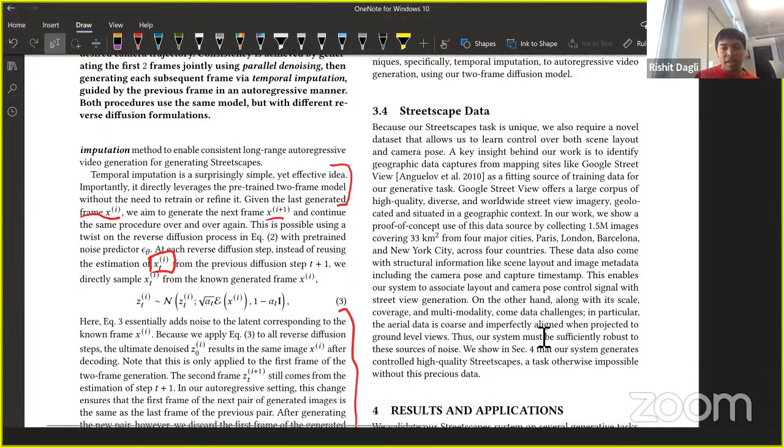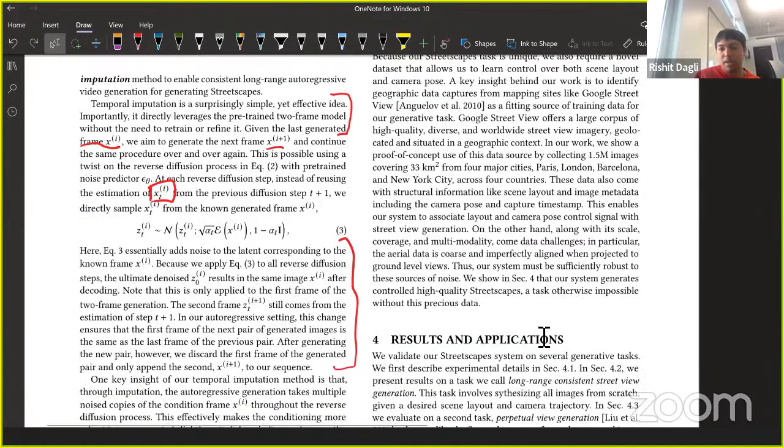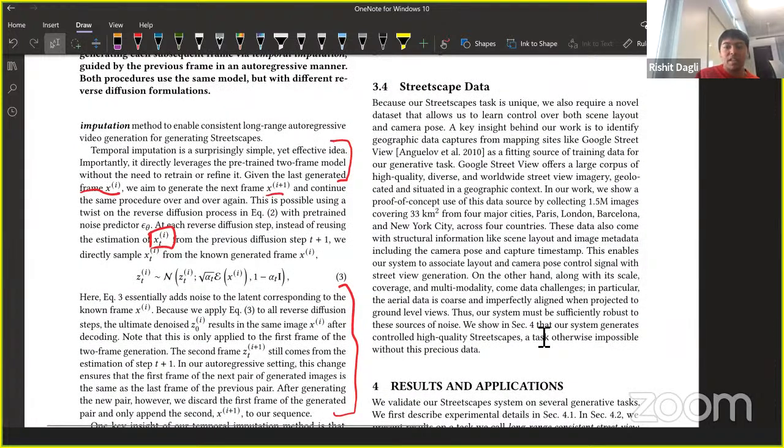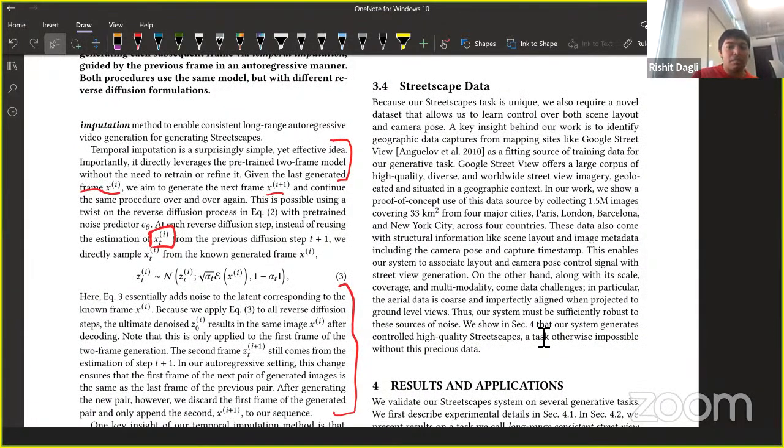Then they talk a bit about streetscape data. This is the data they got from Google Street View, and they essentially have 1.5 million images from a few cities across 4 countries.